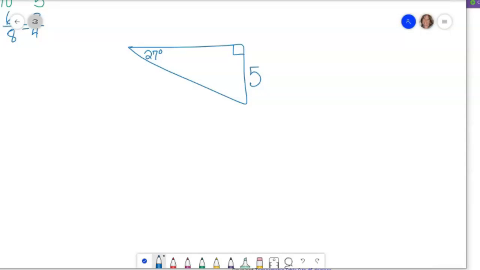Okay. So what we want to do is we're going to solve for the other side and also for my hypotenuse. So we're going to solve for both sides. And again, we need to remember these are ratios, these are numbers. Okay, so first thing, this is my hypotenuse.